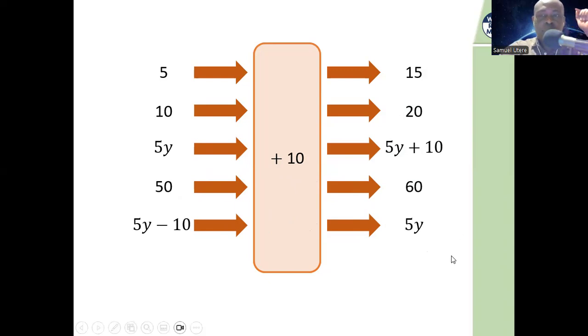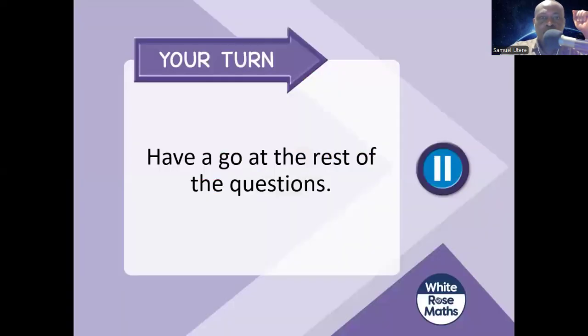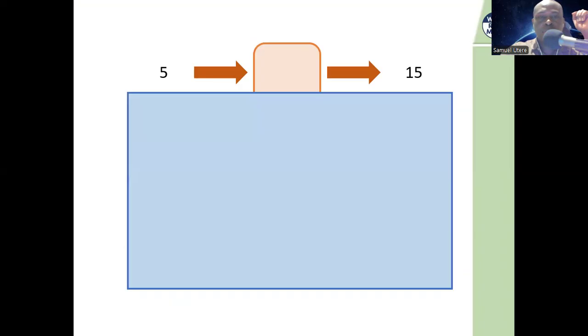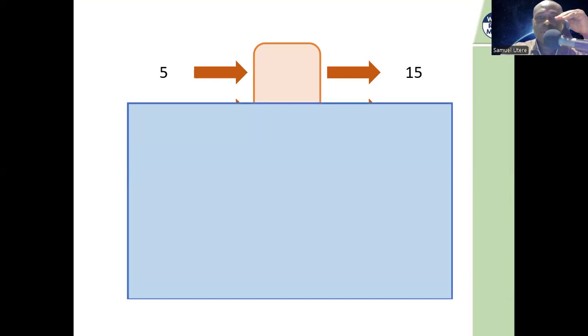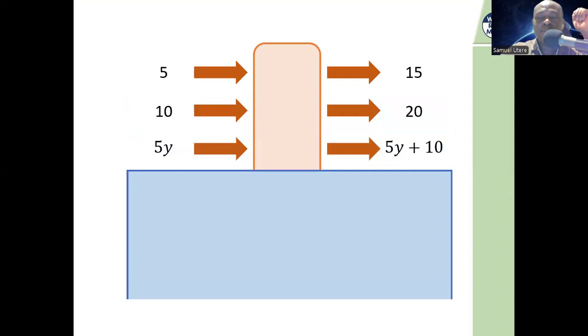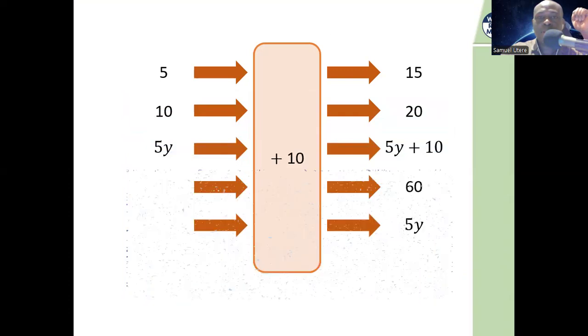Okay, so what we've learned so far, before you have a go at the rest of the questions, is that first, you need to think about using operations carefully by looking at different stages of the input relative to the output before you make a final decision of the operation that the function machine is actually carrying out on the inputs.